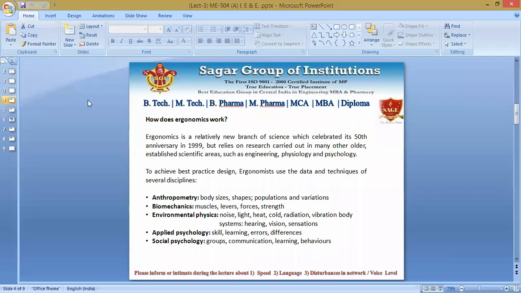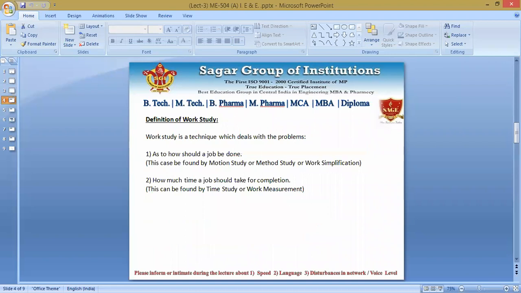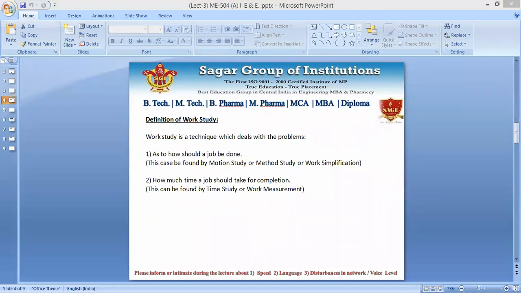Next one is the definition of work study. Now what is work study? Let us understand. It is basically the knowledge which gives the analysis of work methods.